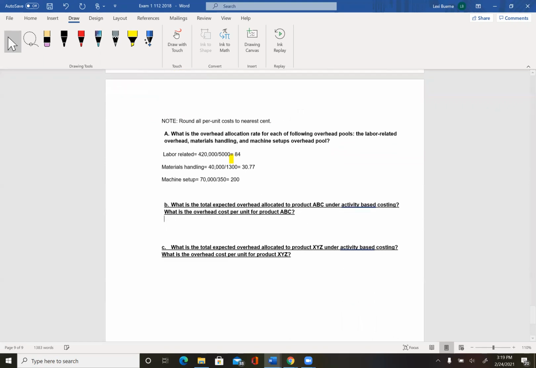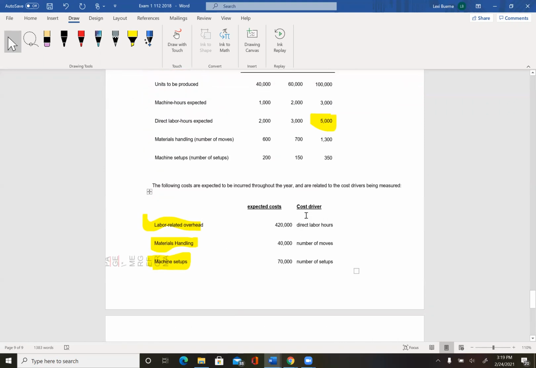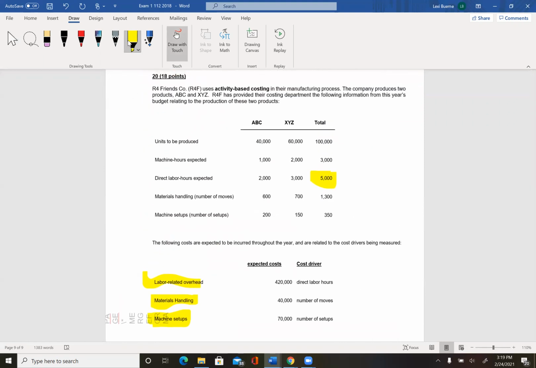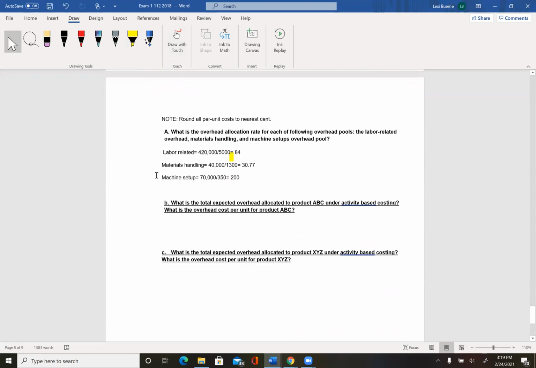Then for B, we are looking at just ABC. So we're just looking at this company first. We're not looking at XYZ yet. So to go back down, the total expected overhead allocated. So we're going to still split them up between the three pools. So we're going to start with labor related.